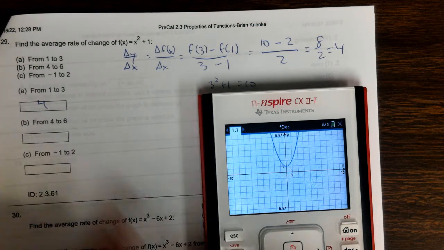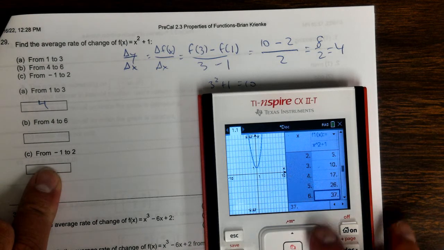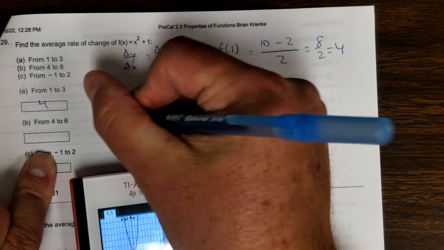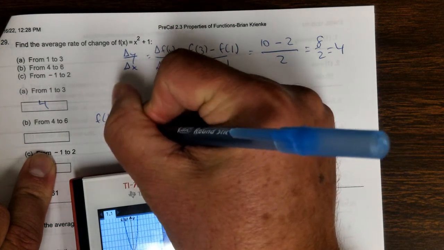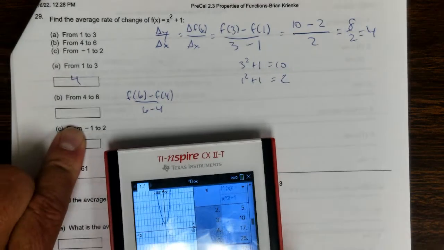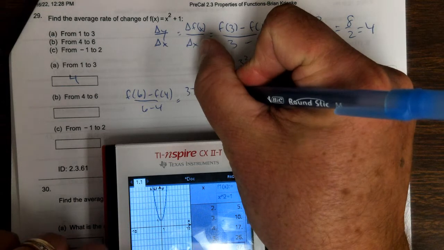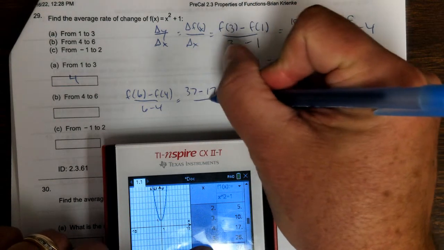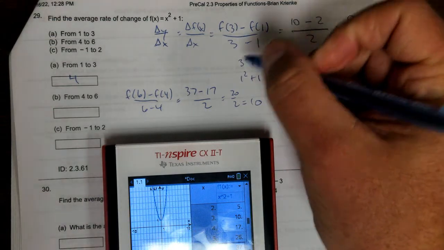Now I went from 4 to 6, so I'm going to say f of 6 minus f of 4 over 6 minus 4. So that'd be 37 minus 17 over 2. That's 20 over 2, which is 10.